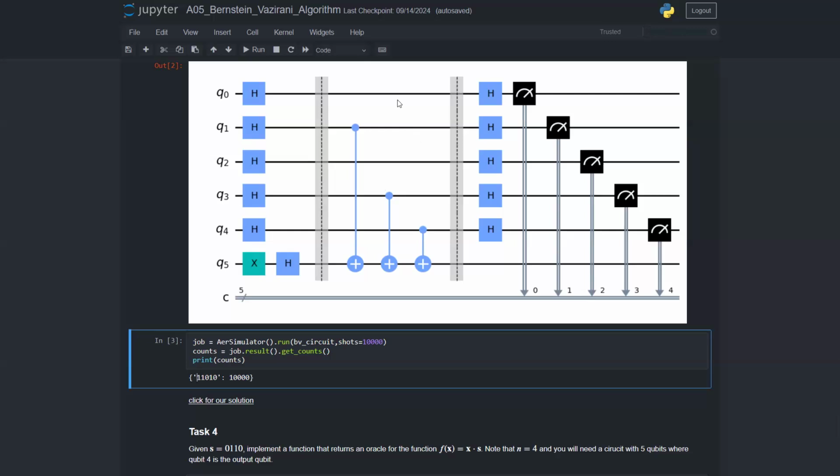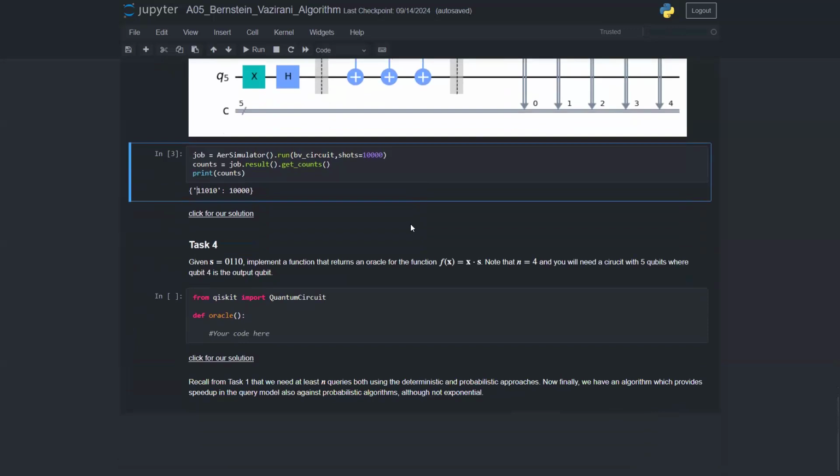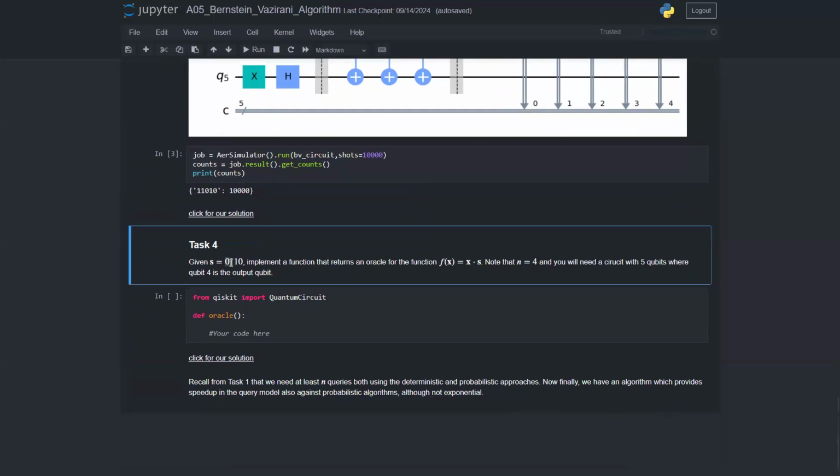We're putting the CNOTs to condition our output based on where we have the possibility of getting the common one. Now, we're given the string S being 0, 1, 1, 0. That's S0, we cannot have a common one. We can have a common one on S1 and S2.